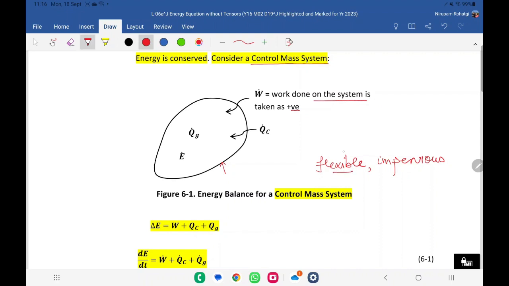Because its shape as well as volume can change. Both these can change. And impervious means delta M equal to 0. Mass remains constant.